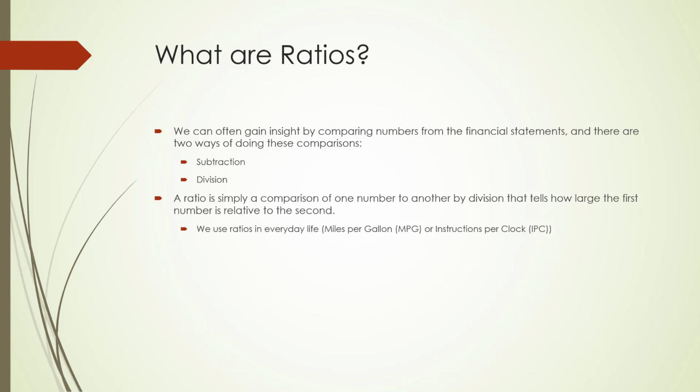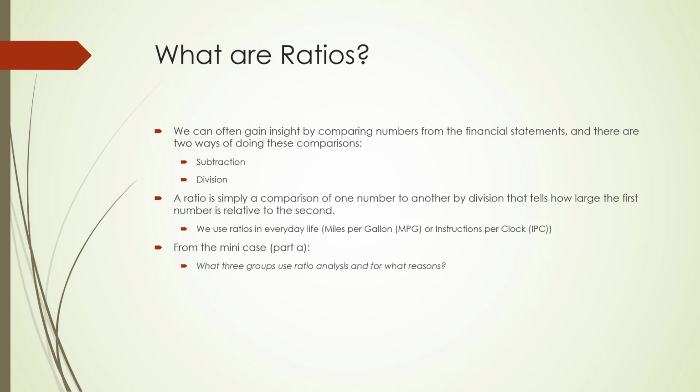Or if you are into computers, you're probably familiar with this idea of instructions per clock. That's how many instructions or calculations the CPU can do per clock cycle. Again, simply a ratio. Now, in the mini case, they gave us the income statement and the balance sheet, and then naturally they've asked us a bunch of questions.